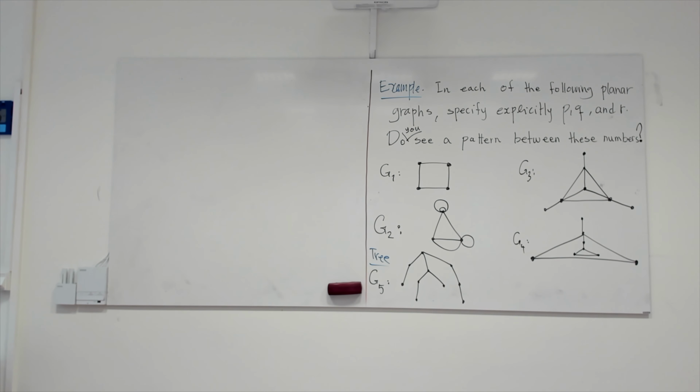And if the size is greater than the order of the graph, then the number of regions is 2 plus the difference between the size and the order. Okay, but what you said, very nice. So I think your pattern is correct, but all of them can be combined into one single formula then.